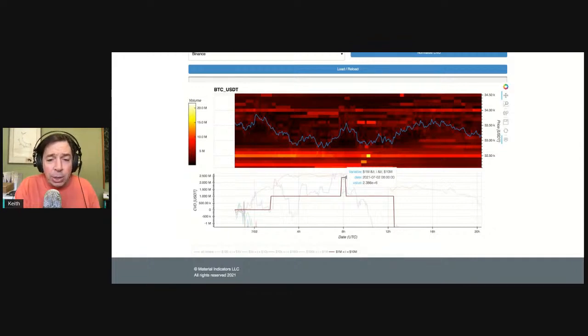Another million and change. Sold it. Back to $1 million, right? So this may have been the same trader who bought here at roughly, let's see, what time was that?